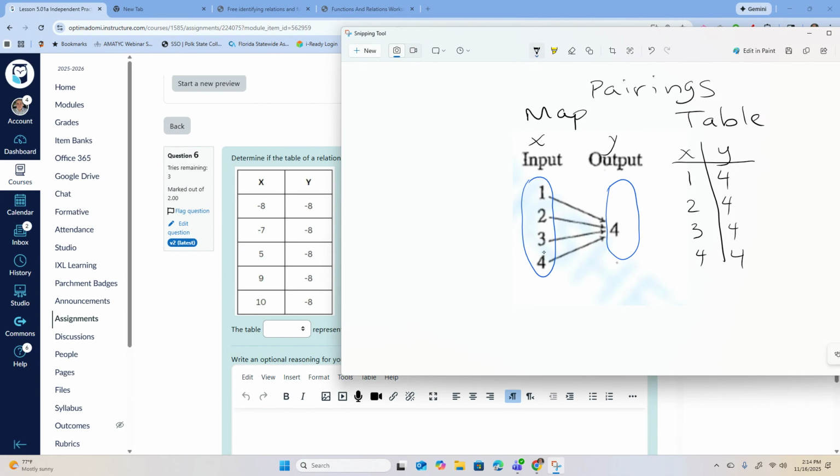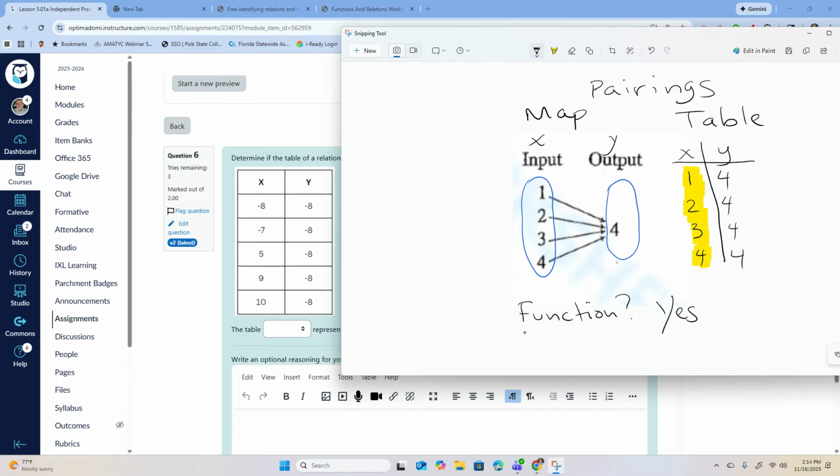And I want to know if this relation, these pairings, is a function. That's the question. And here is the trick. Look at the x column. If you don't have any number repeated, then it's going to be a function. So yes, every x is matched with exactly one y.